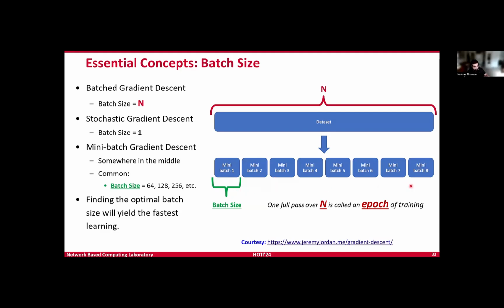This is still called an epoch, and to train the network, we need many epochs. So for learning rate and batch size, we need to find these optimal values before starting the training so that we get the best convergence, so best accuracy, and utilize the hardware that we have very well.